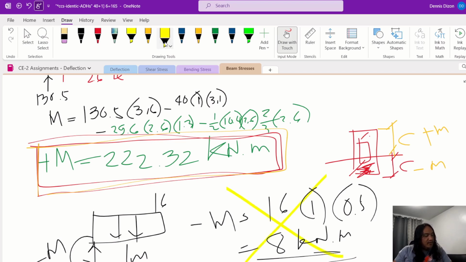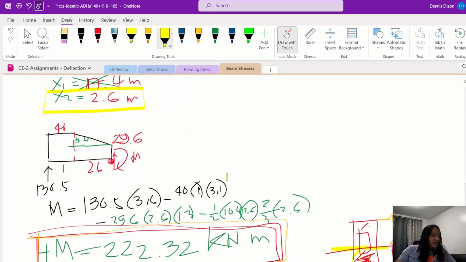If it is too close, like for example, this is 222 and this one is 200, then it's possible that the maximum flexural compressive stress is at the support location, like this one here at the bottom. So we already have the maximum moment.